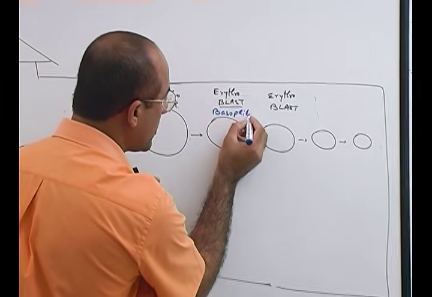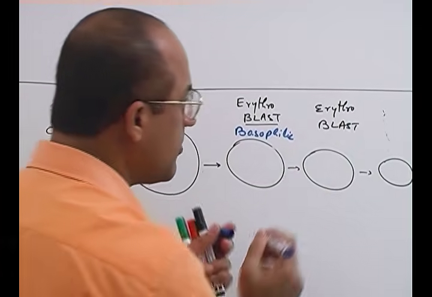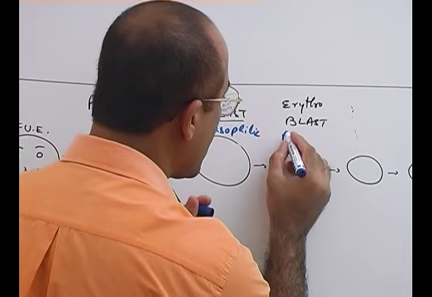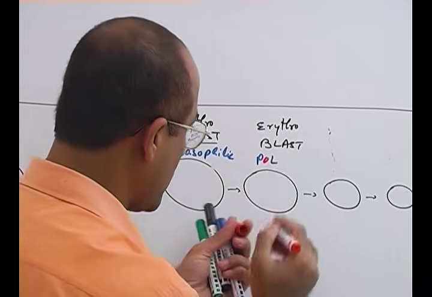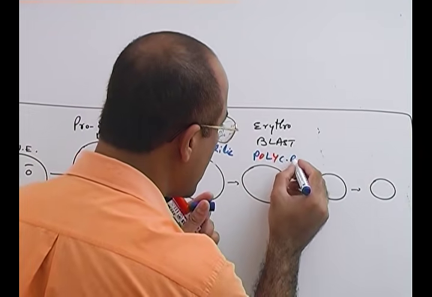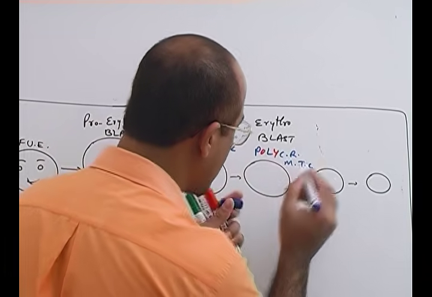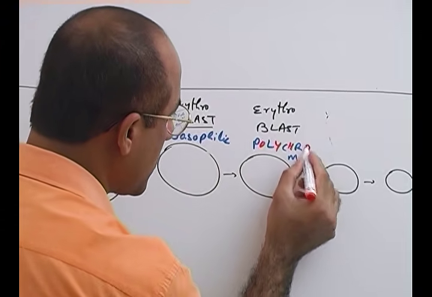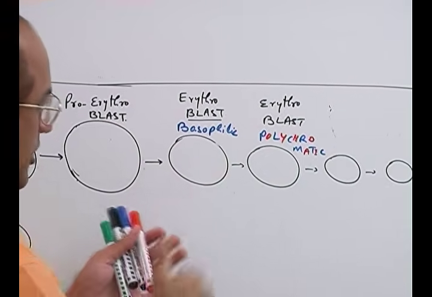Then the next takes some blue color and some red color, so we call it polychromatic erythroblast.